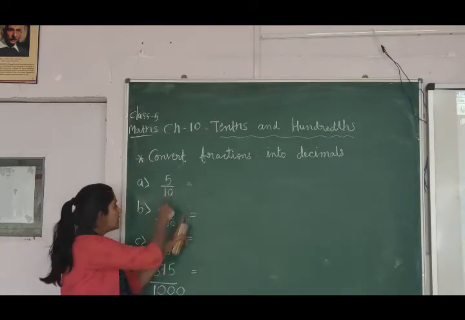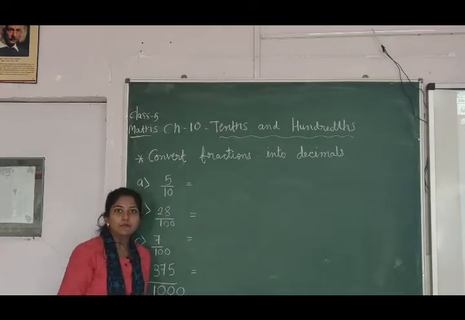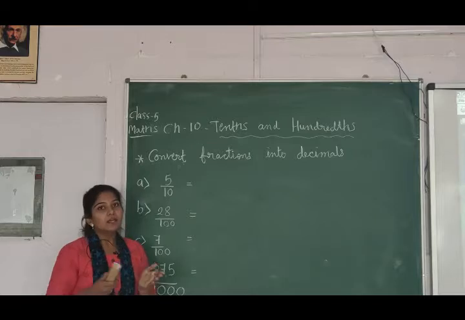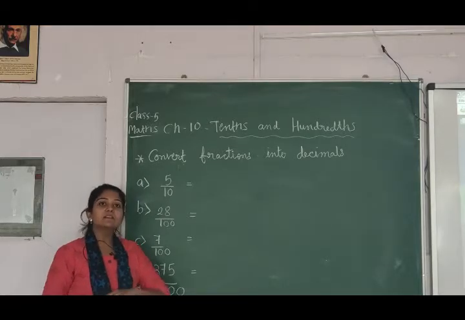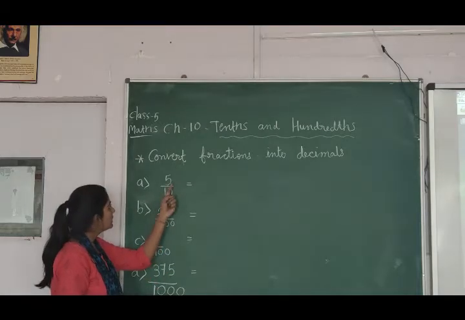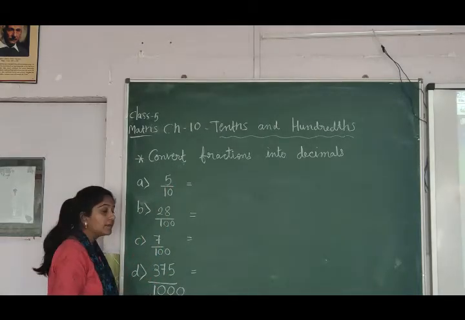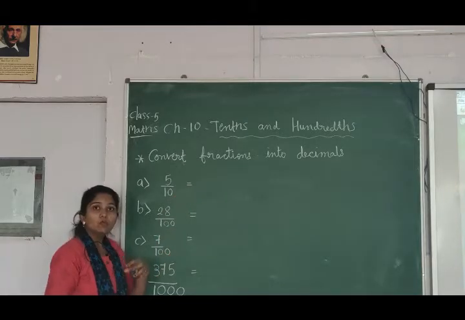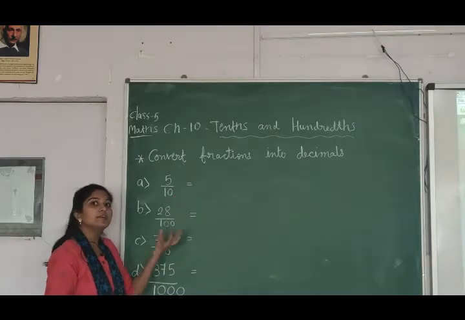This number is written as a fraction. We have learned earlier that fractions can be written as decimals and decimals can be written in fraction form. Here all these A, B, C and D parts are written in fraction form. Now we have to convert them into decimal form.